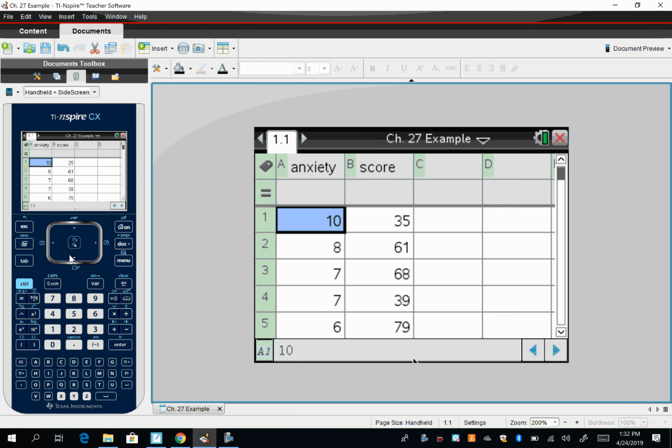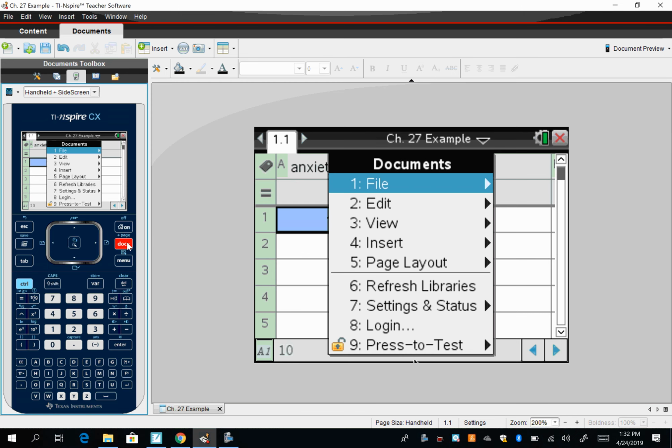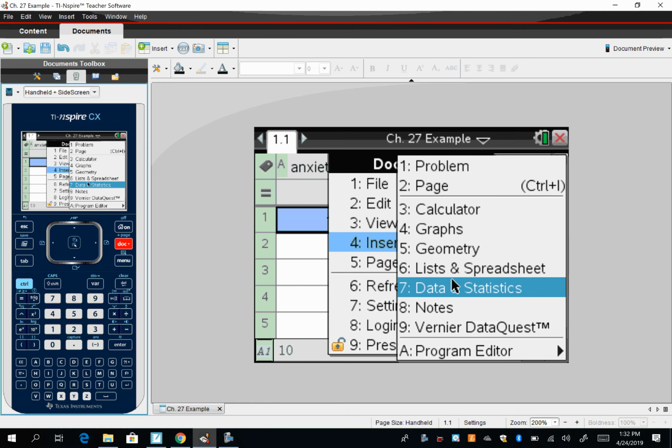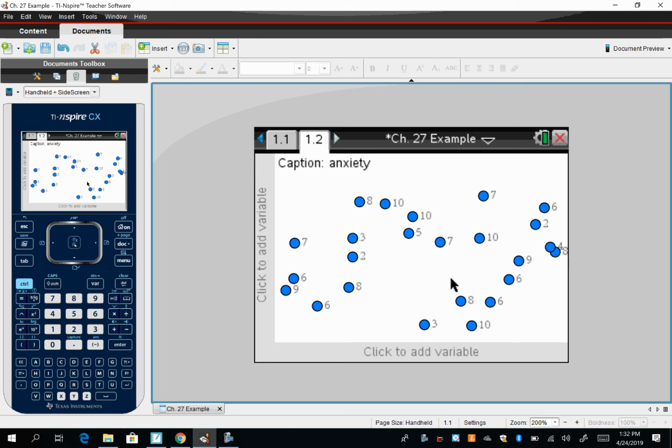Okay, so I'm going to go doc, and yes, Marcelo, I'm going to put this in the document. Doc, insert. Very good, George. Data and statistics. Now, the explanatory, we think anxiety level explains our test score.